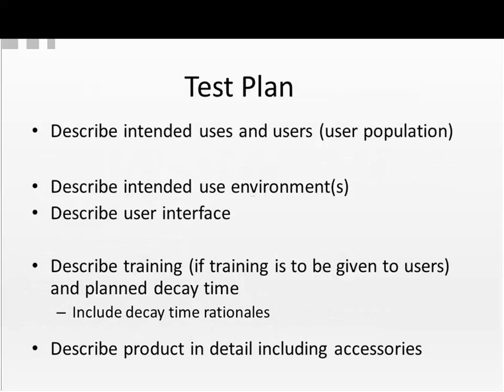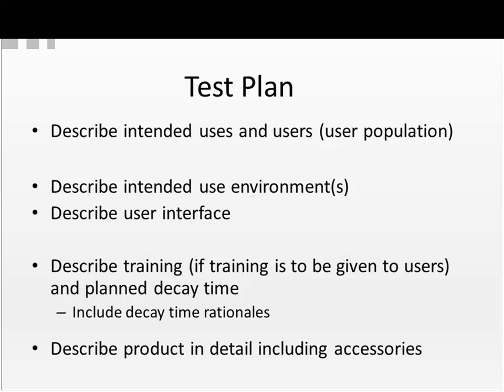Now, as with everything else, we start off with a test plan. We describe the intended uses of the device and the users. These are the user populations, distinct user populations. We describe the intended use environments: home environment, clinical environment, emergency room.